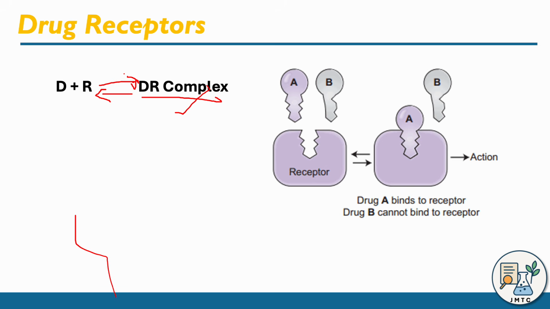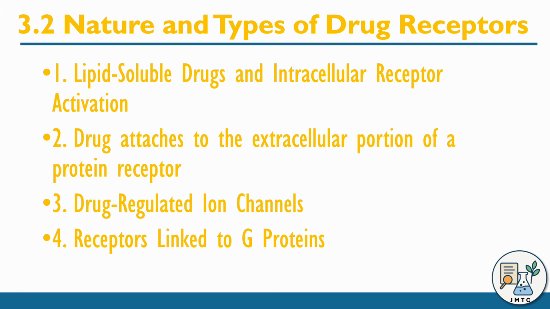We have 4 types of transmembrane signaling mechanism. So now that we know that there are receptors and the drug binds to that receptor, what happens now? So one, it could be these soluble drugs attached to the receptors and there will be an intracellular receptor activation. Second, the drug can attach to the extracellular protein receptor.